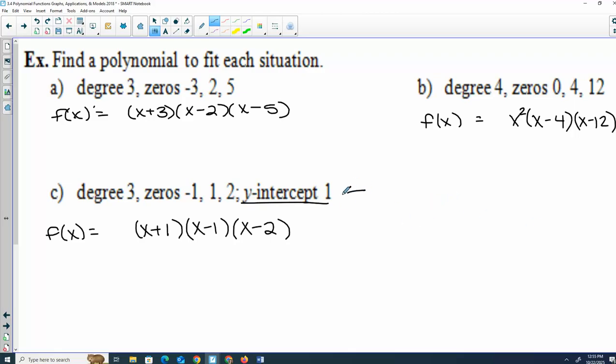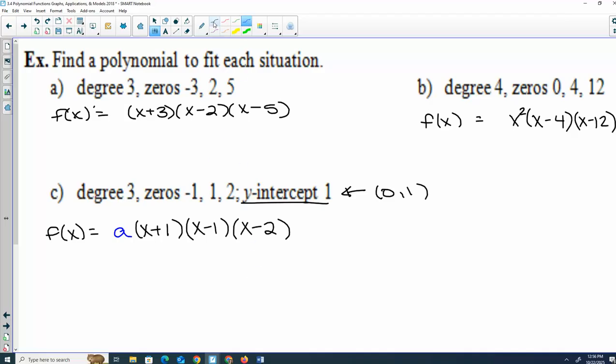That means when x is 0, y is 1. What do I have to find? I need, not necessarily my x, but remember we had some before where there was a number in front. So since I gave you a point, we need to figure out what that number is.